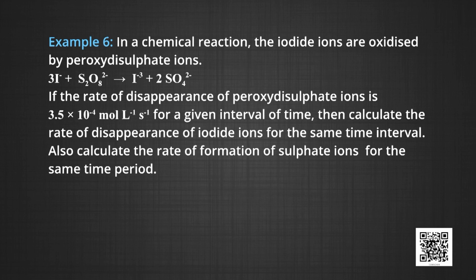If the rate of disappearance of peroxy disulfate ions is 3.5 into 10 raised to power minus 4 moles per liter per second for a given interval of time, then calculate the rate of disappearance of iodide ions for the same time interval. Also calculate the rate of formation of sulfate ions for the same time period.